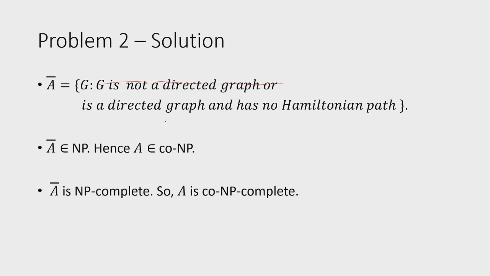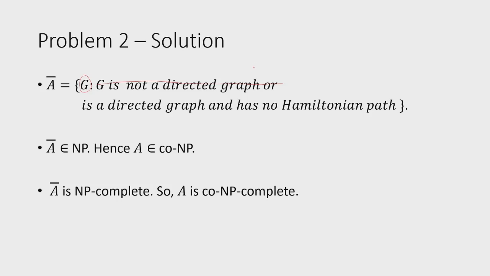G is the input. It would be given as a string, and from that string you would have to decode the graph. For example, one way to give a graph as a string is to just give its adjacency matrix. Another way is to just give its adjacency list. So basically, G won't be a graph; it would be a string which represents a graph.